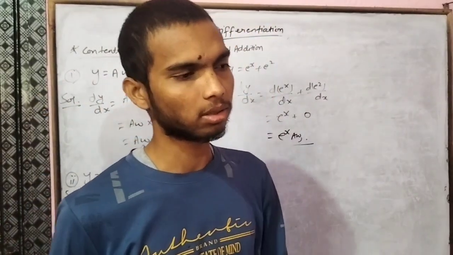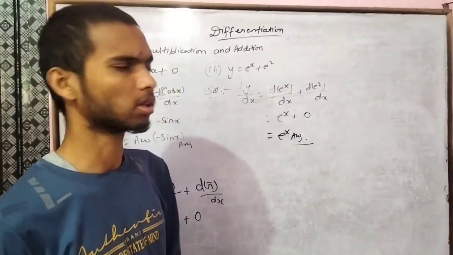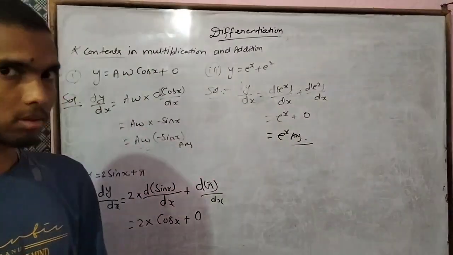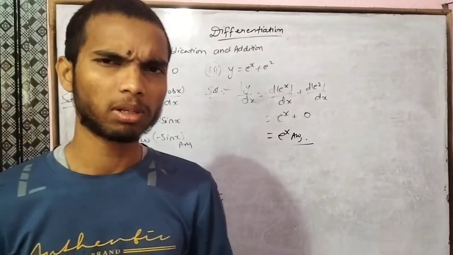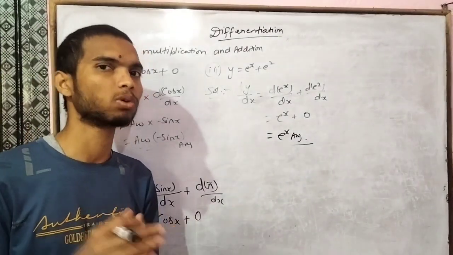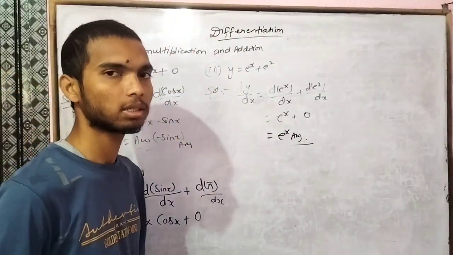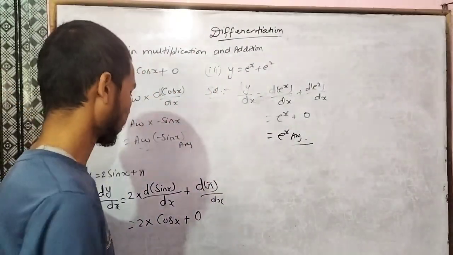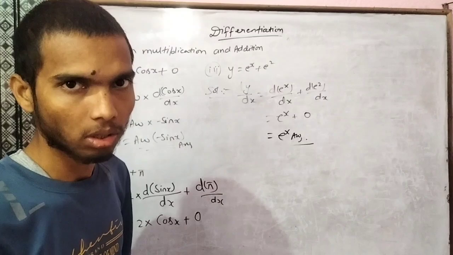In decimal, it is 3.14444 something, but as a rational number, the value of pi would be 22 by 7. So pi is a number in mathematics, and that's why we consider it a constant.